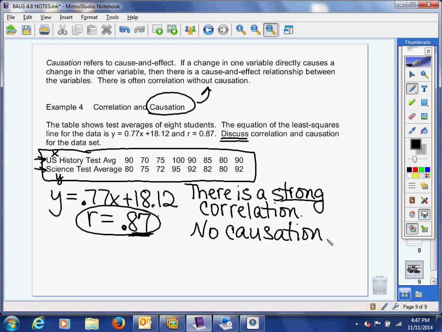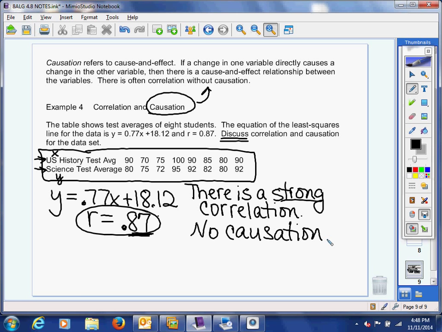Now, if they were comparing how much time was spent studying and how that affected test averages, then there would be some causation there. I think the more good, concentrated, quality time that's spent on studying, the higher the test scores will be. And of course, I'll give you my little speech about don't wait till the last minute to study, okay? It's always better to spread that studying out. But we're not comparing those two.